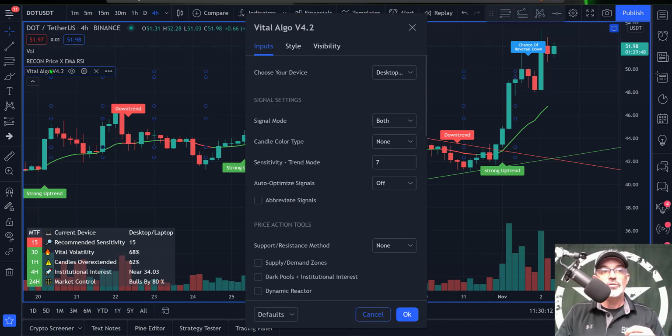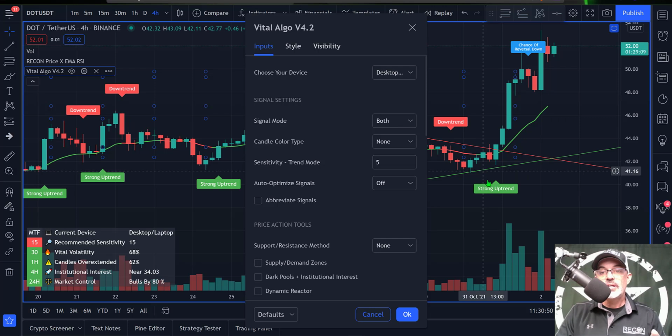Now, if we go into the settings for the Vital Algo indicator, you can see you have a variety of different inputs. Signal mode is the actual downtrend, uptrend, and chance of reversal, and right now I have both turned on. Candle color I leave as none. The sensitivity for the trend mode is 7. If I drop that to, let's say, 5, that will perhaps move these signals.